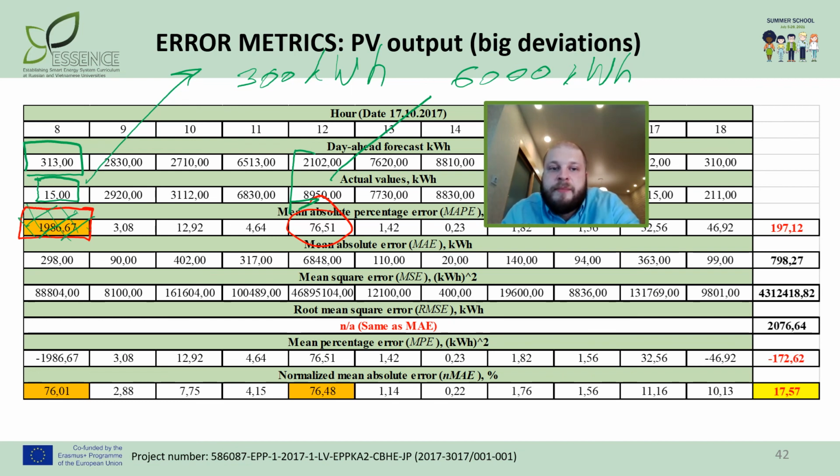We're penalizing the model for small deviation, and it completely distorts the overall accuracy of the algorithm. The application of normalized mean absolute error gives the opportunity to take into account both situations in a similar way, as we are considering possible deviation, possible misprediction from the point of view of theoretically maximal power plant output.